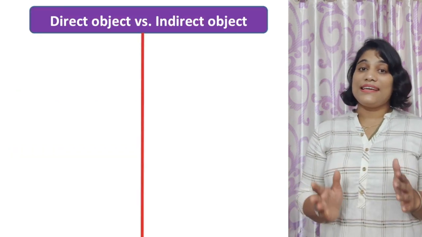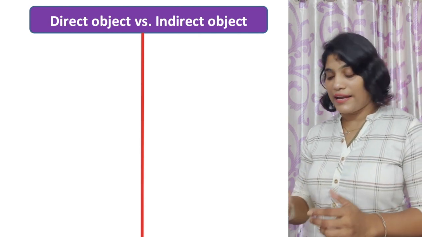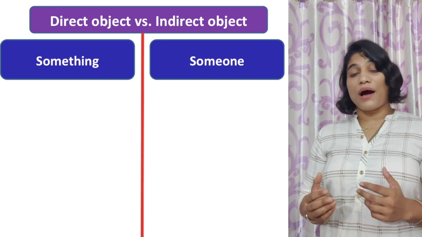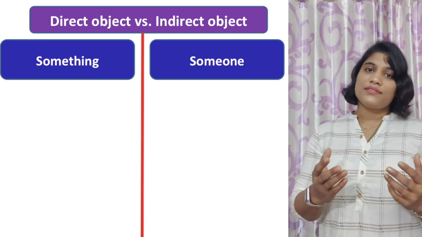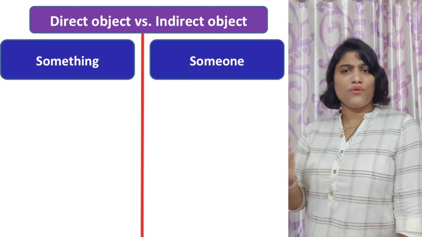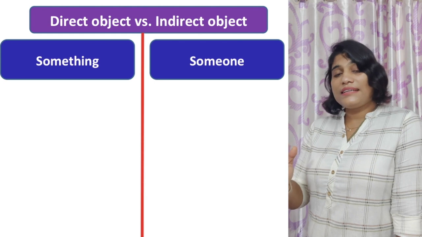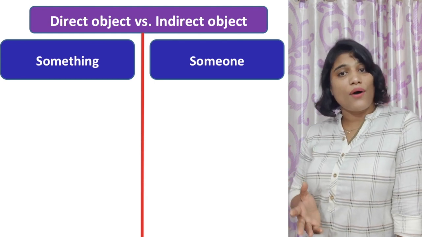Now, let's see the difference between direct object and indirect object. A direct object is about something and an indirect object is about someone. You understand that? The cookies, the chance. This is about something, and an indirect object is always about someone.